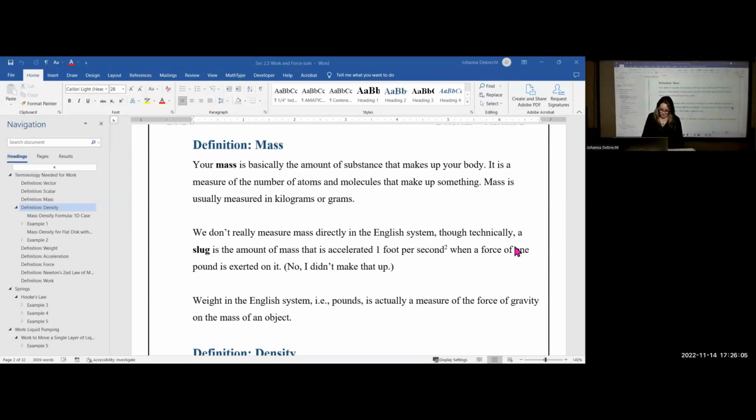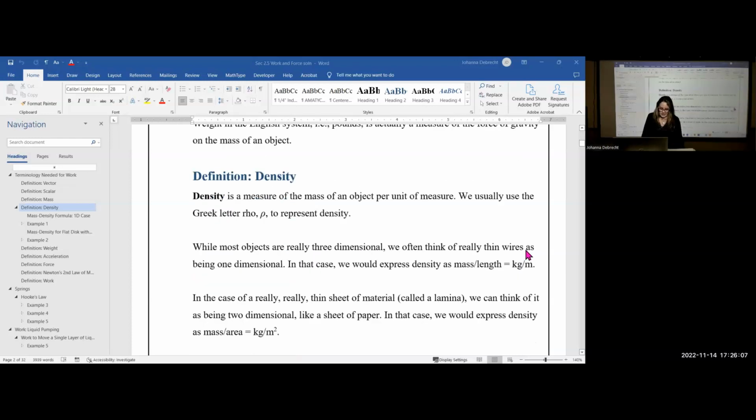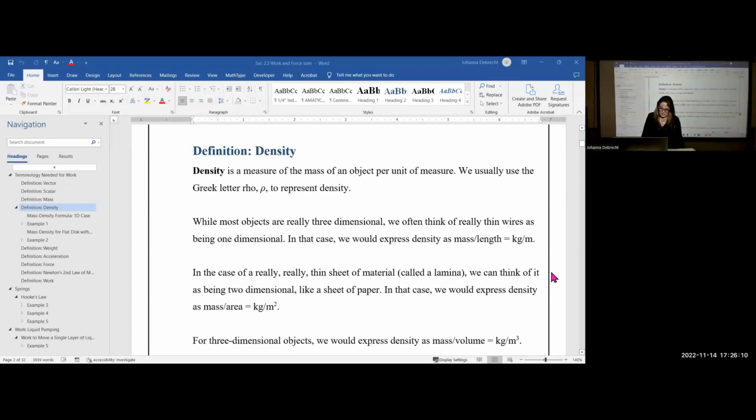Now, the next thing that we want to talk about is density. Density, in this case, is a measure of the mass of an object per unit of measure. If we're considering it to be a one-dimensional thing, like a really thin wire that we can pretend is only one-dimensional, as in it has length but no width or height, then we can say that the density is mass per unit of length.